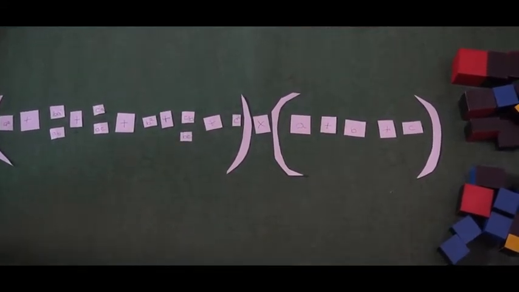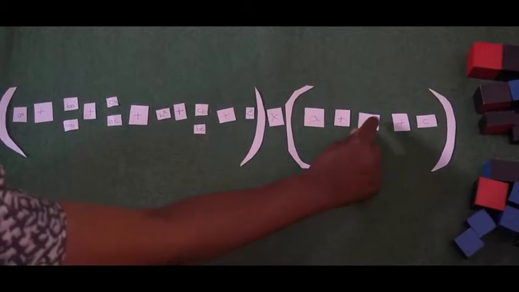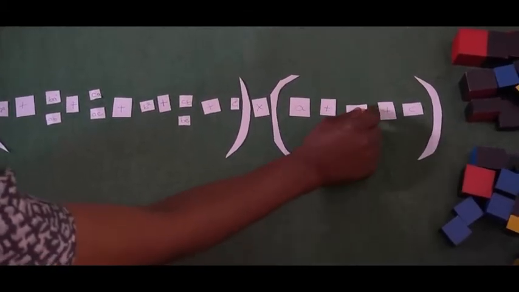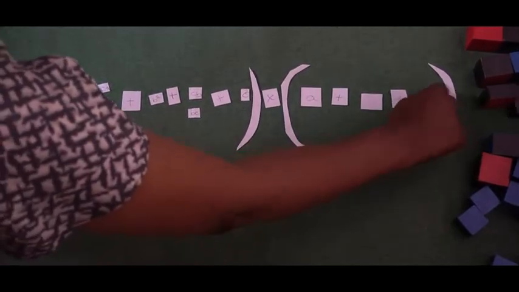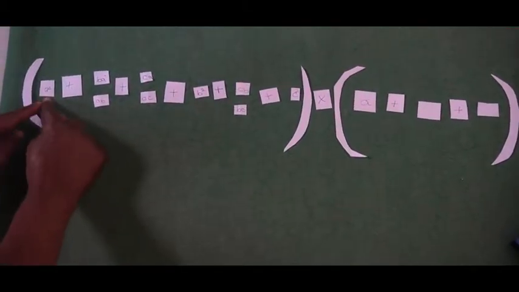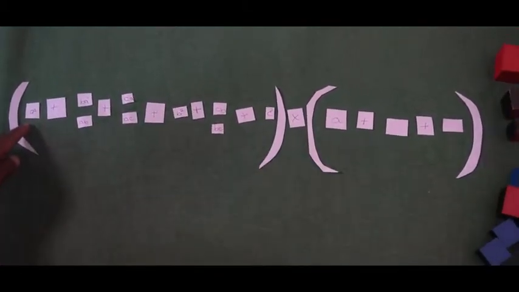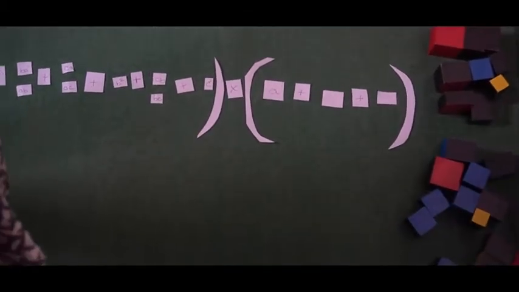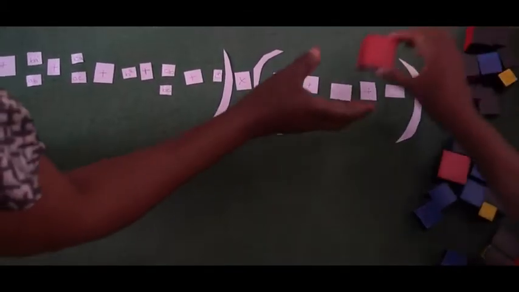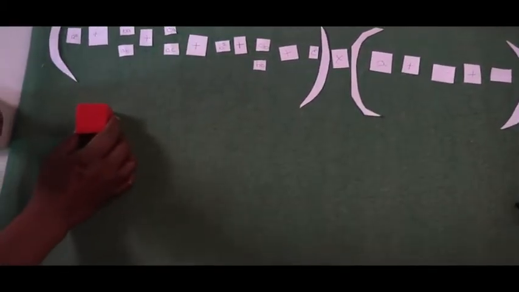Okay, so let's isolate the first term of the multiplier, that's A. Okay, so let's do a multiplication now. A squared times A, A cubed. Can you identify the cube? Okay.